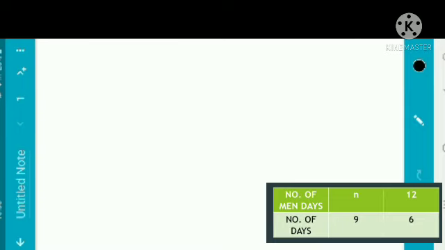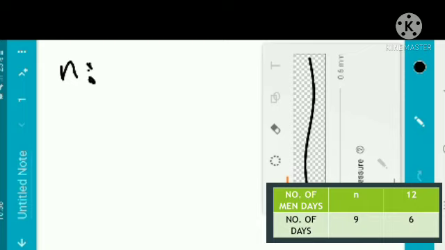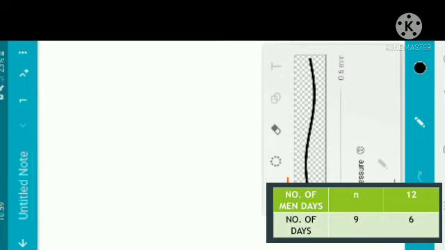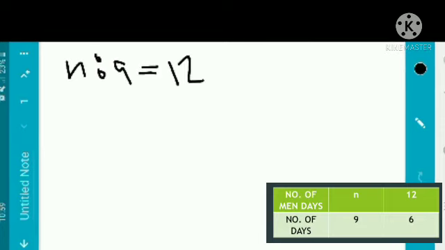So our new ratio based on our new table is n is to 9 equals 12 is to 6.